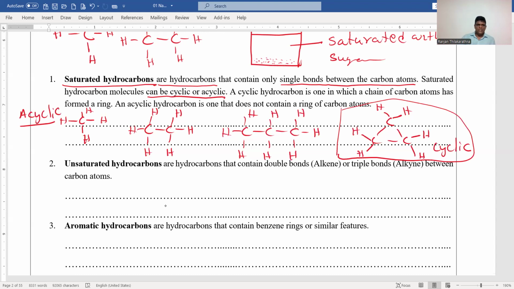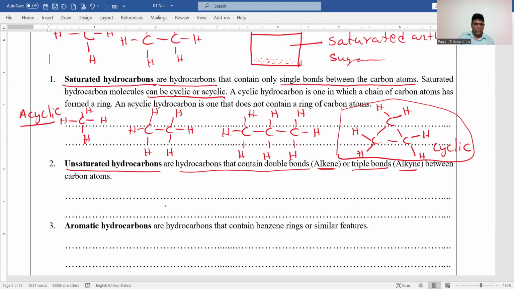Next one, unsaturated hydrocarbons. That means those compounds are not saturated with hydrogen. That means you can add more hydrogen atoms to those compounds. Unsaturated hydrocarbons are the hydrocarbons that contain double bonds, normally called alkenes, and triple bonds, those compounds are called alkynes, between carbon atoms.